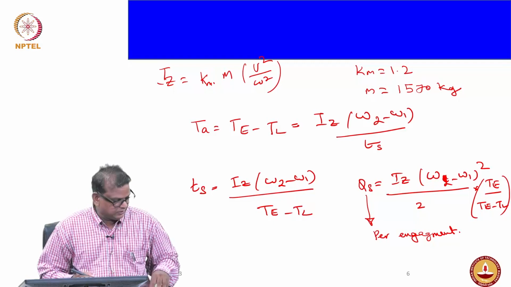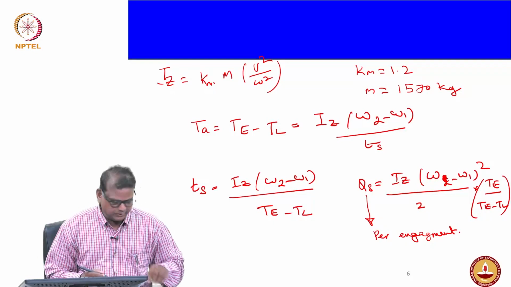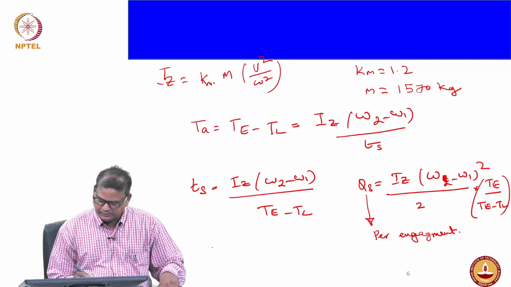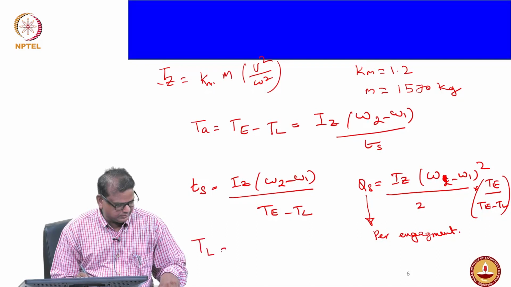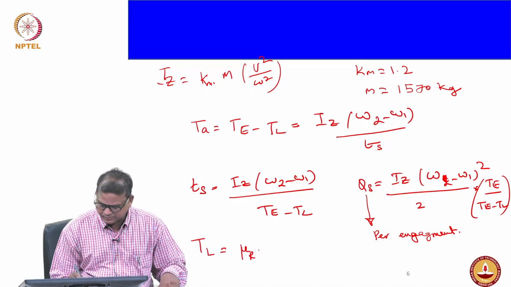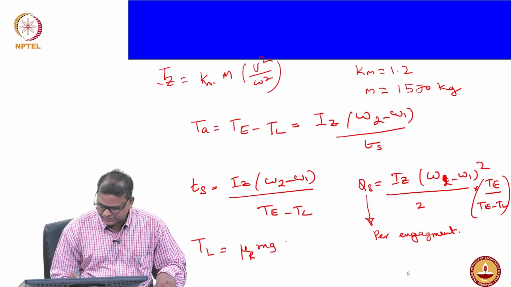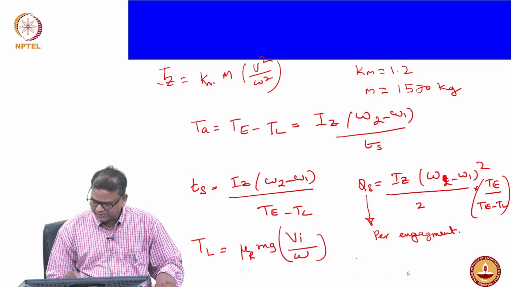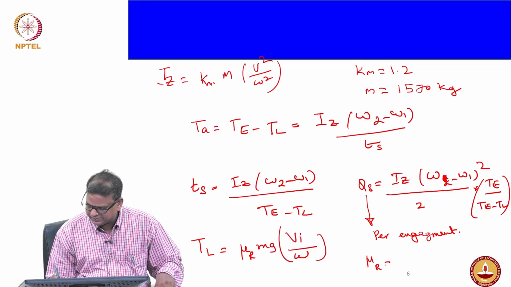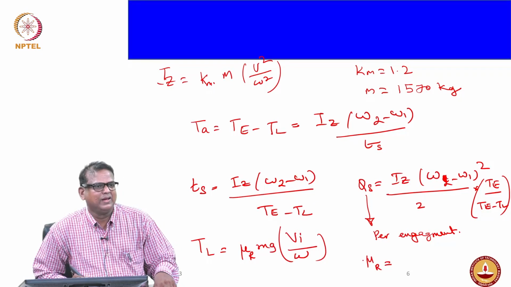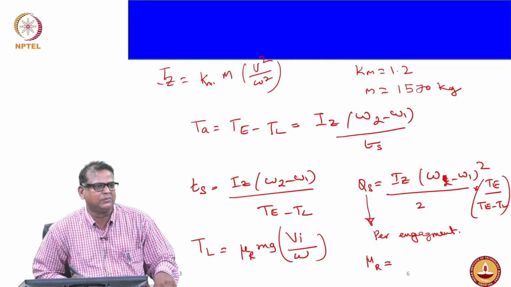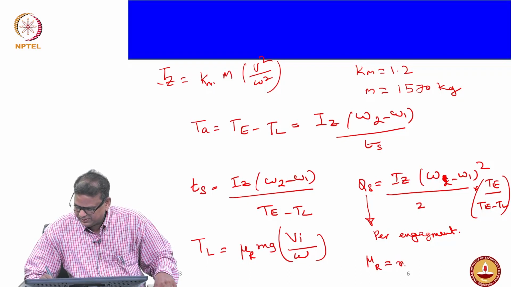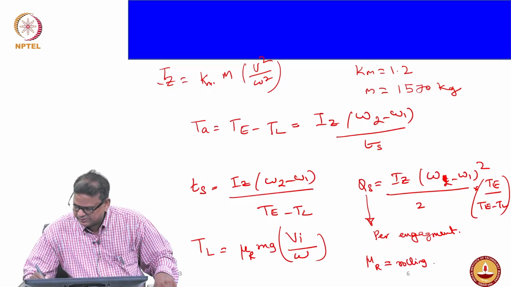And then there is one more load torque we need to find out. Load torque TL equals mu r m g VI by omega. Here mu r is the rolling coefficient, the rolling resistance.